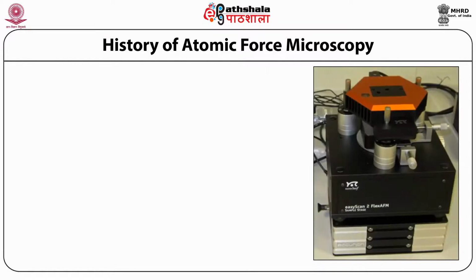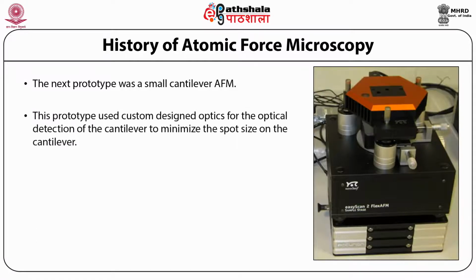The next prototype was a smaller cantilever AFM, as shown in this figure. The prototype used custom designed optics for the optical detection of the cantilever to minimize the spot size on the cantilever.